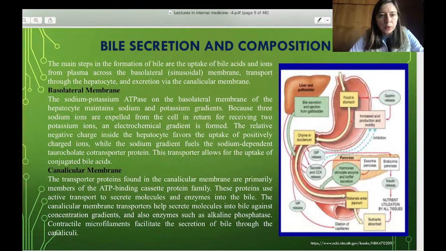Because 3 sodium ions are expelled from the cell in return for receiving 2 potassium ions, an electrochemical gradient is formed. The relative negative charge inside the hepatocyte favors the uptake of positively charged ions, while the sodium gradient fuels the sodium-dependent taurocholate co-transporting protein. This transporter allows for the uptake of conjugated bile acids.